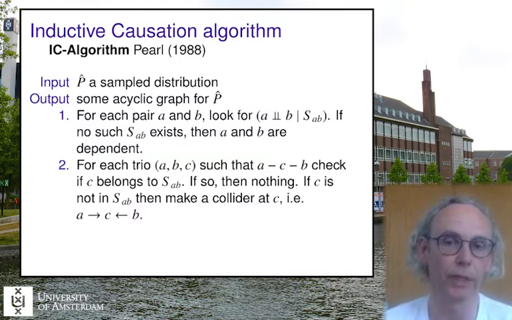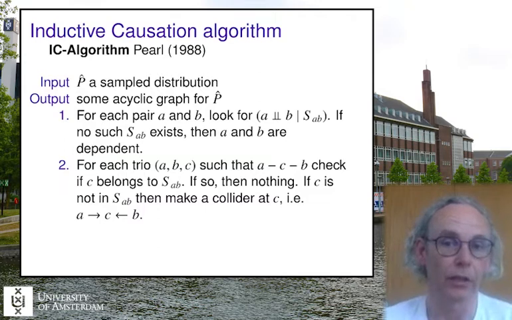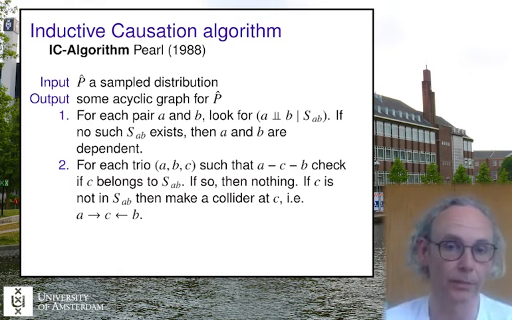And so we must make a collider. That's what we know for sure. Of course, this is still depending on the situation where we ask the oracle to see if the connections are really there, or if the partial correlations and correlations are significant or not.